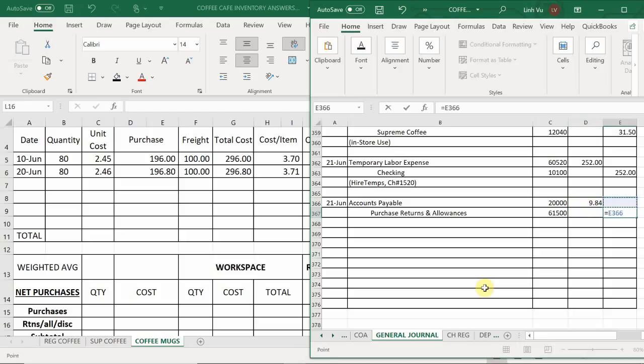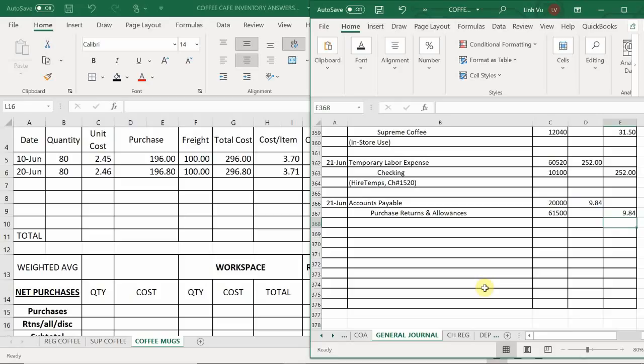So I'm also refunding from my actual inventory because I don't have 80 items anymore. I have only 76 because 4 of those items are broken. They can't be used. You can't sell broken mugs to your customers, right? It's useless. You can't even glue it back together. It will not work, right? So why would a customer buy a broken coffee mug from you?